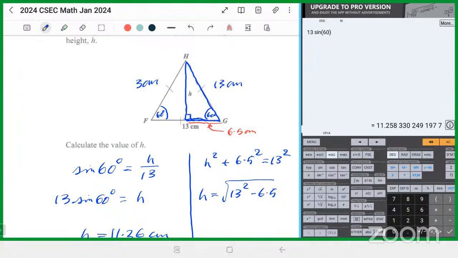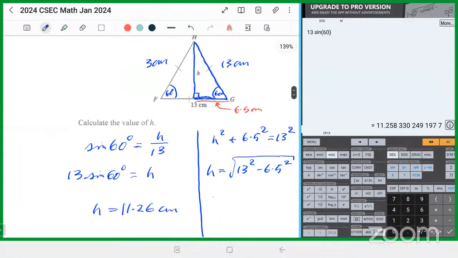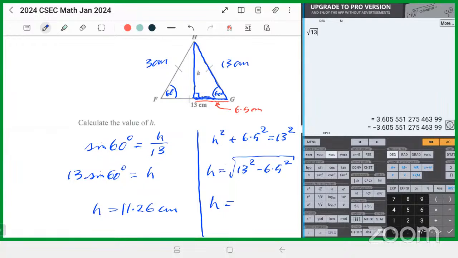And this will give you the exact same answer as before. Let's just show the calculator. So it will be the square root of 13 squared minus 6.5 squared. See, same answer, 11.26 centimeters.